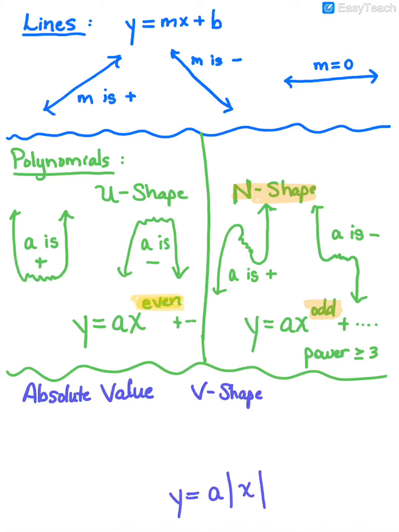And so you're either going to get a V that opens up, or you will get a V-shaped graph that opens down. And just like with the other ones we've talked about, it depends on your a. So when your a is a positive number, the V will open up. When your a is actually a negative number, then your V is going to open down.